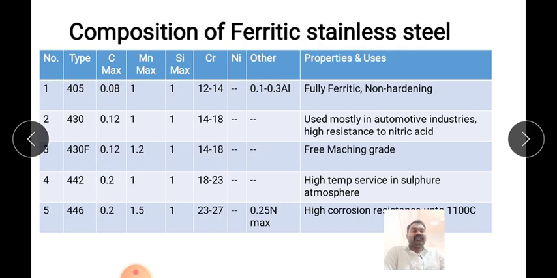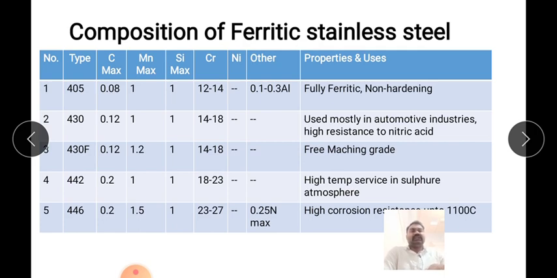Okay, then 430F, it consists of 0.12% carbon, 1.2% manganese, 1% silicon, and 14 to 18% chromium. It is a free machining grade, used for machining. Then 442: 0.2% carbon, 1% manganese, 1% silicon, 18 to 23% chromium. Again here the percentage of chromium increases. Okay, high temperature service in sulfur atmosphere.